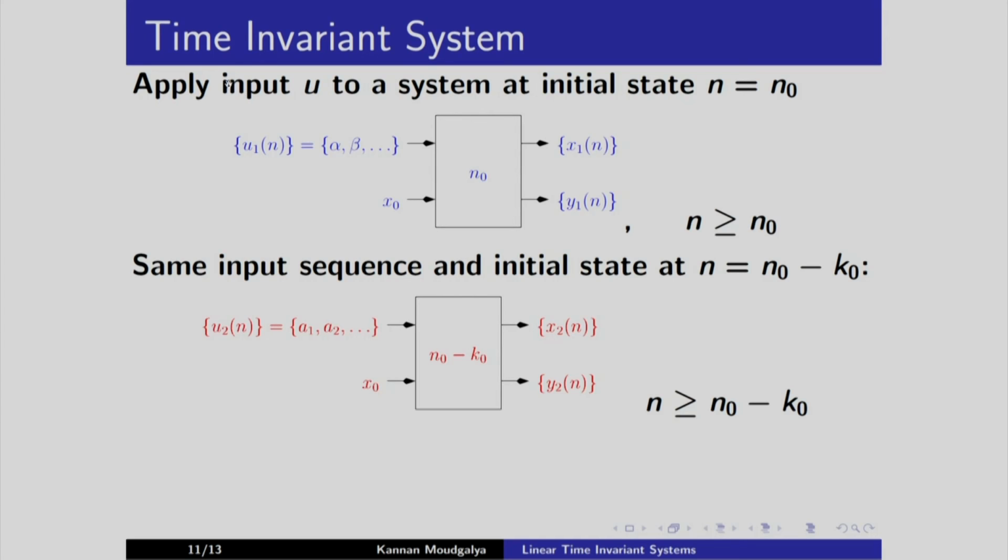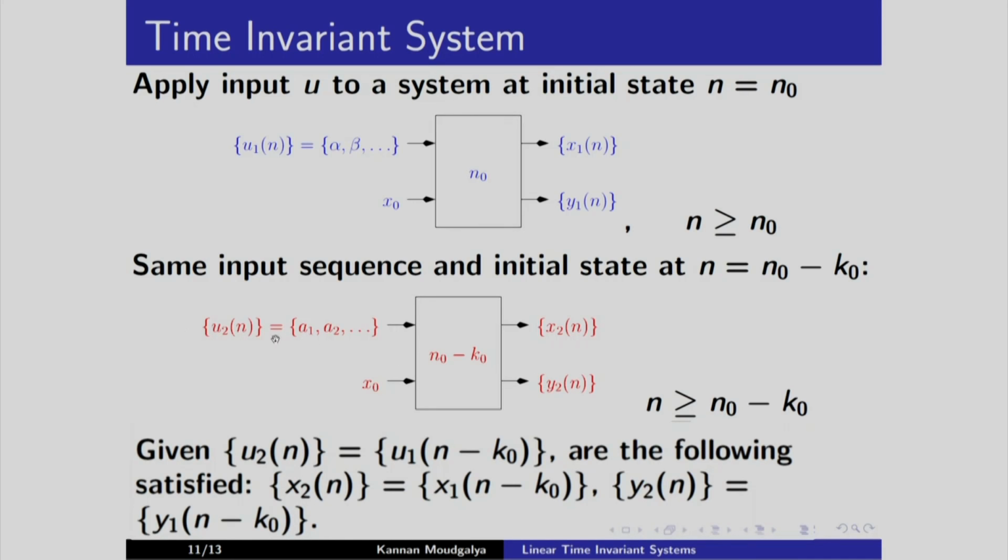But the starting state is the same, x0. On Monday 8 o'clock onwards, I start giving this input alpha, beta and so on. On Tuesday from 8 o'clock onwards, I start giving these values A1, A2 and so on. I get the corresponding outputs, I measure them, I color them blue here, and red here.